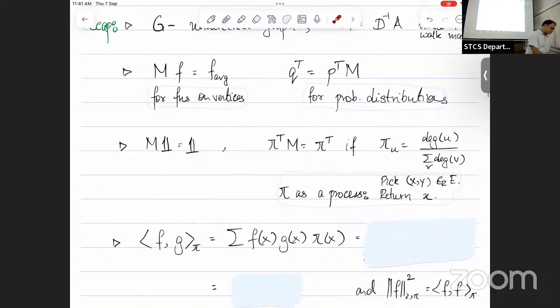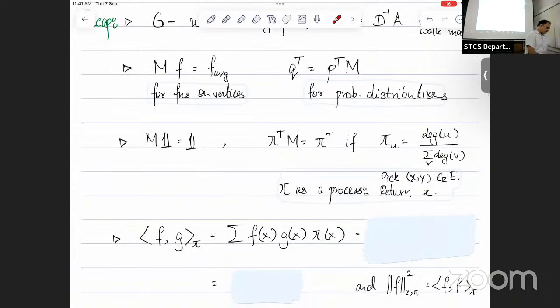Good. Then we define this inner product, which we told ourselves is the right inner product to work with. It is defined as the standard inner product, but scaled with this pi x. Though I didn't formally do it, you can check that this satisfies all the properties you want an inner product to satisfy. That is, it is linear in the first part, it is linear in the second part, and the inner product of f with itself will always be non-negative.